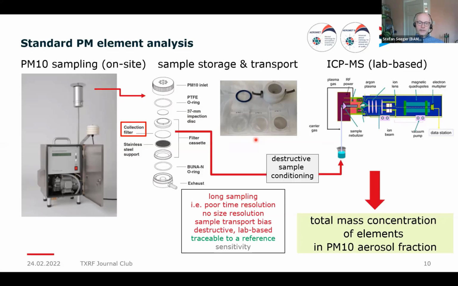We may also have to face sample transport biases, such as the sample changing or aging when it is transported, or probably being contaminated during transport. Of course, one advantage of this method is that it is fully traceable to a reference, and the sensitivity under the given circumstances is felt to be fully sufficient. With this method we end up with information about total mass concentrations of elements in the PM10 fractions.